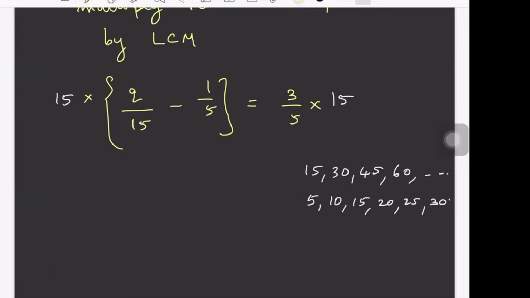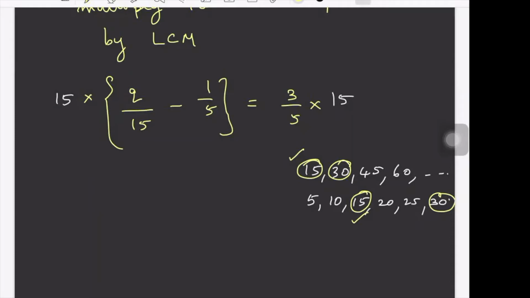Common multiples will be 15, then there is 30. Then you have to pick the least common multiple, which is nothing but 15. Is this okay? How to choose the LCM of two numbers?